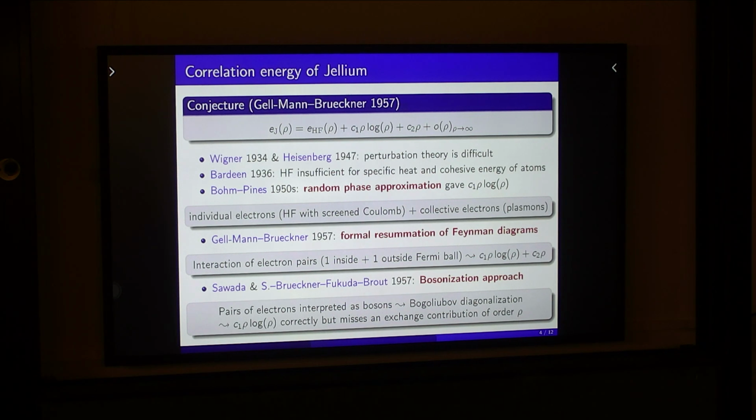What I said, Gell-Mann and Brueckner came up with a specific way, and what you see in the interaction is the interaction of electron pairs, basically one hole, one inside and one outside. This will be important.